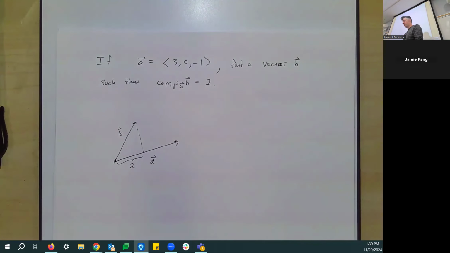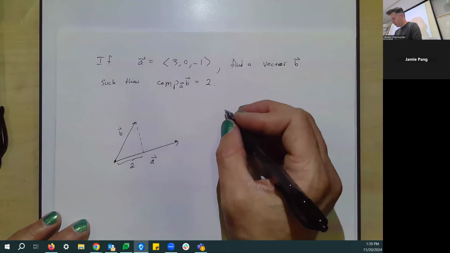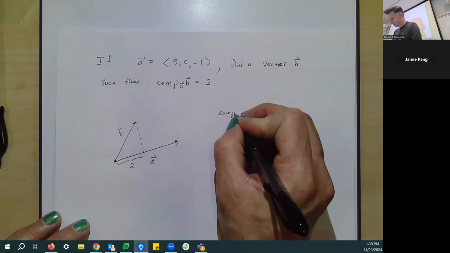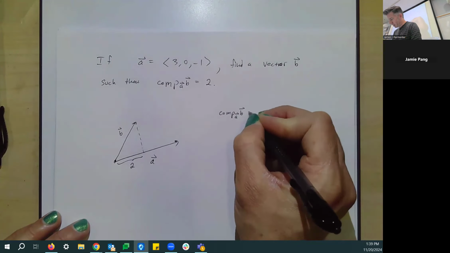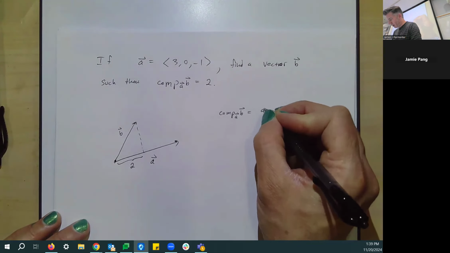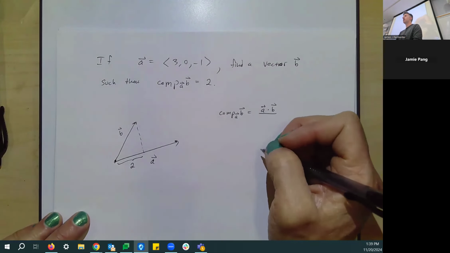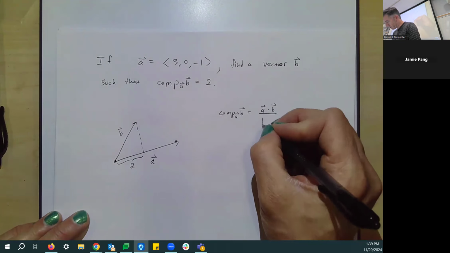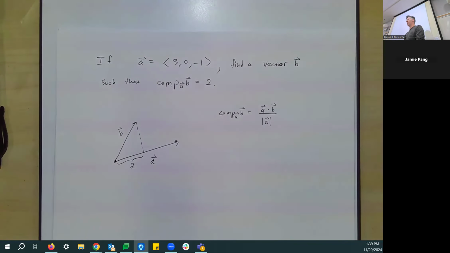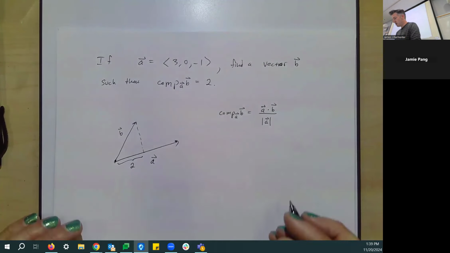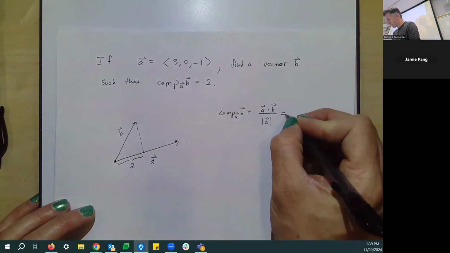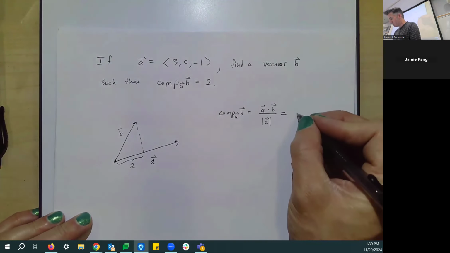Okay, well, pictures are fine, but let's calculate this here. So the component of B onto A is going to be A dot B divided by the magnitude of A, which is good because we don't know what B is. Also, again, there should be more A's because we're projecting onto A. And that's going to equal, we want it to equal 2.